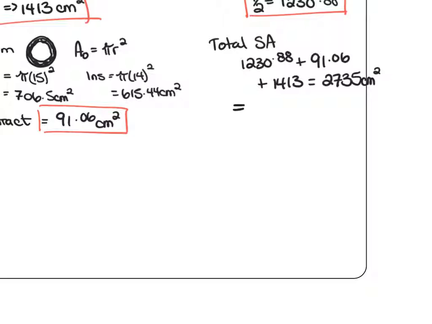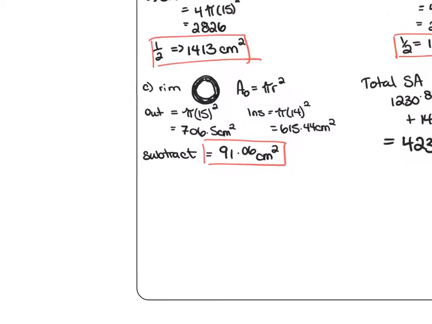So I'm just going to convert it using Google. Just change it to inches. And if you use Google, it gives you 423.93 inches squared.